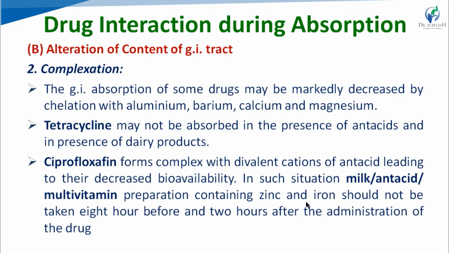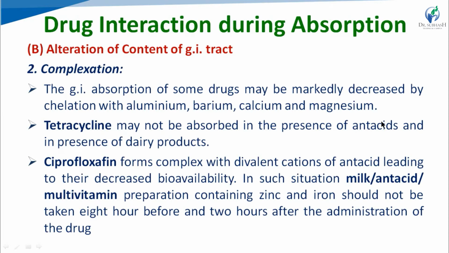Then complexation. The GI absorption of some drugs may be markedly decreased by chelation with aluminium, barium, calcium and magnesium. If we are considering gastrointestinal absorption, and any drug forms complexation, or we can say chelation, then the absorption will be reduced.